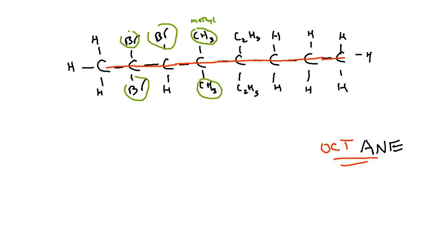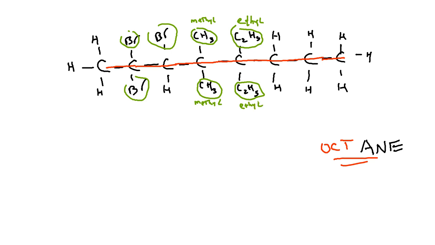Here's an odd number, C2H5. So this 2 carbons is ethyl. Odd is eel, ethyl. And here, this thing is not part of that red longest chain. This is an ethyl.